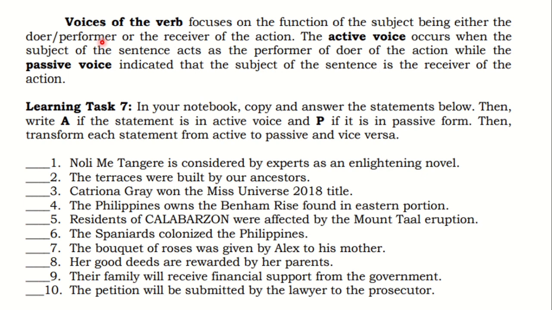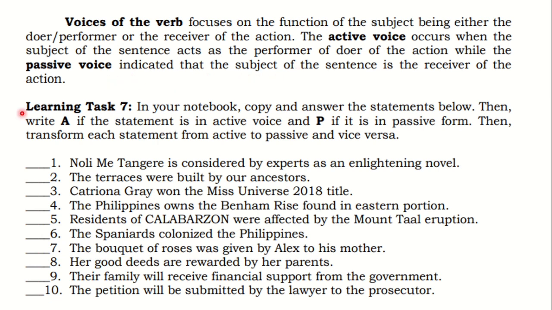Okay, so remember, voices of the verb focuses on the function of the subject being either the doer or performer or the receiver of the action. The active voice occurs when the subject of the sentence acts as the performer or doer of the action, while the passive voice indicates that the subject of the sentence is the receiver of the action.